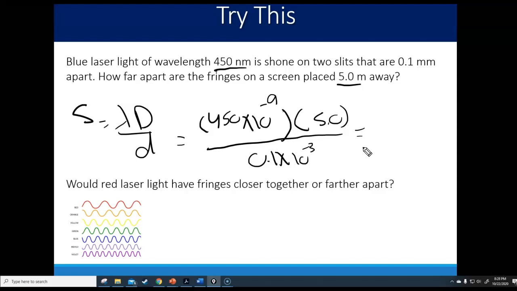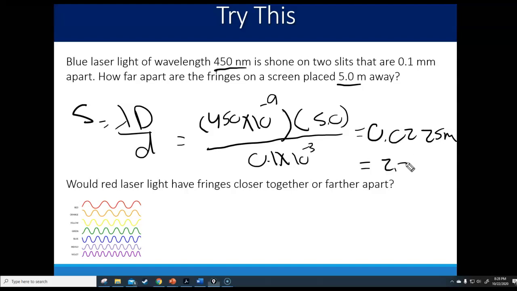Okay, so I'm just typing this into my calculator. 450 times 10 to the minus 9, multiplied by 5, divided by 0.1 times 10 to the negative 3. I get S equals 0.0225 meters. And honestly, if you wanted to, you could write that in terms of centimeters or millimeters.